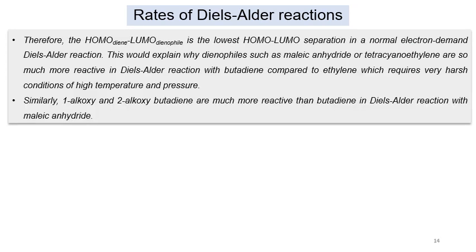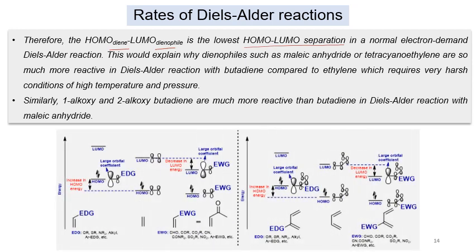Therefore, the HOMO of the diene and LUMO of the dienophile is the lowest HOMO-LUMO separation. So this explains why dienophiles such as maleic anhydride and tetracyanoethylene are so highly reactive in Diels Alder reactions, especially with butadiene when compared to ethylene.